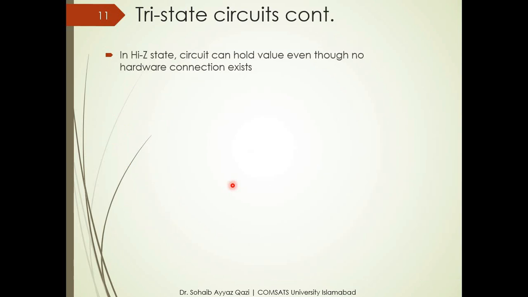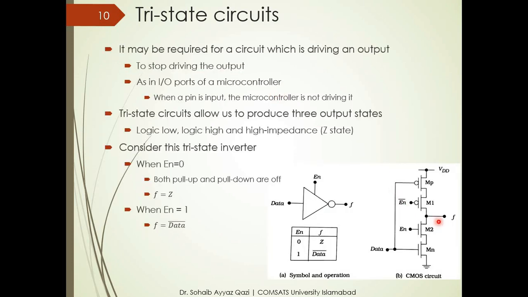What could be the other benefit of our tri-state circuits? The other benefit is that this high Z state circuit can hold an output value even though there is no hardware connection. For example, this output is connected to a capacitor, and when this circuit was enabled, in our normal case, this output was charged.